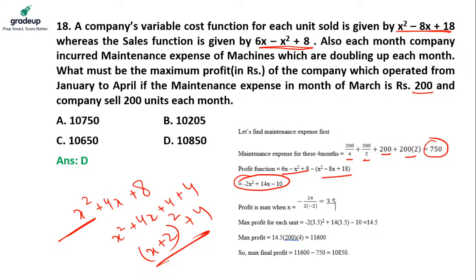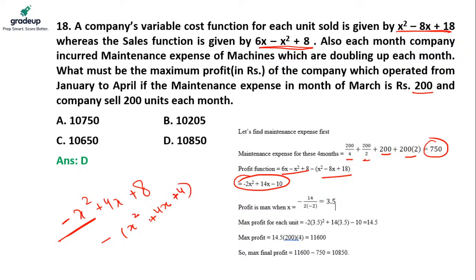Similarly, had it been minus x square plus 4x plus 8, I could have written this function as minus of (x square minus 4x plus 4) plus 12, which becomes minus (x minus 2) whole square plus 12.